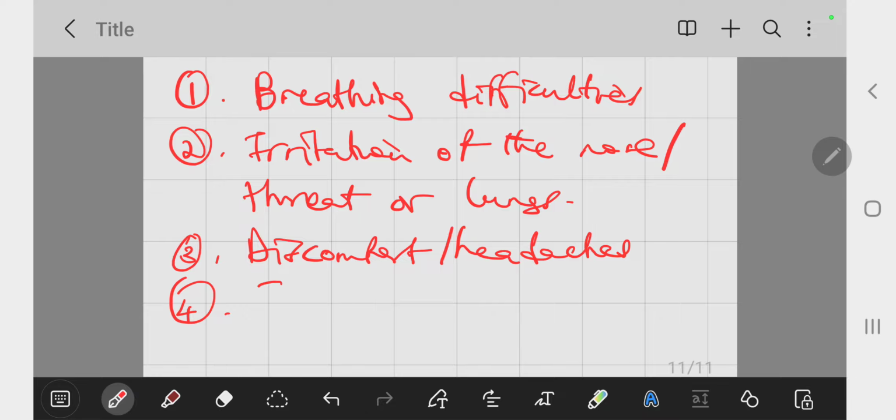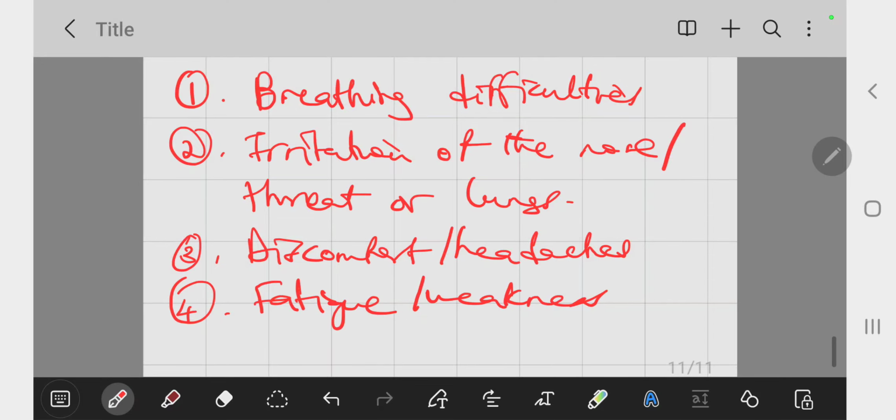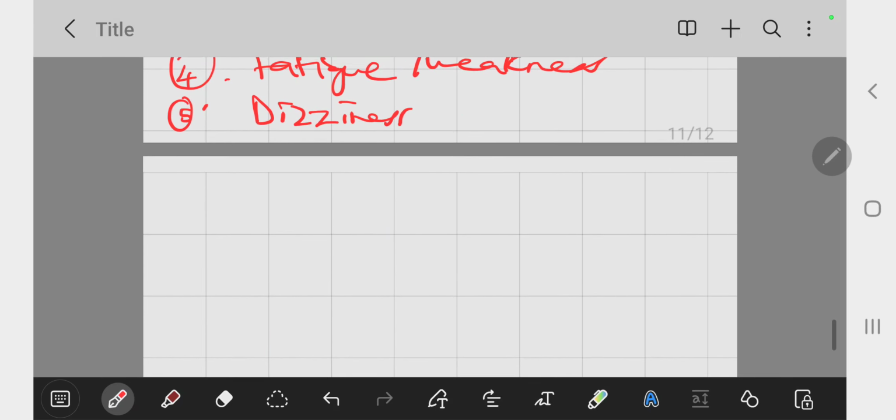So you can even have fatigue and some weakness. So these are symptoms you're not supposed to ignore when you're in a workshop, because it means you have been exposed to some hazardous material. So if you have fatigue or you feel weak while in the workshop, you need to react quickly. First off, if you feel dizziness while in the workshop, that is not a normal feeling.